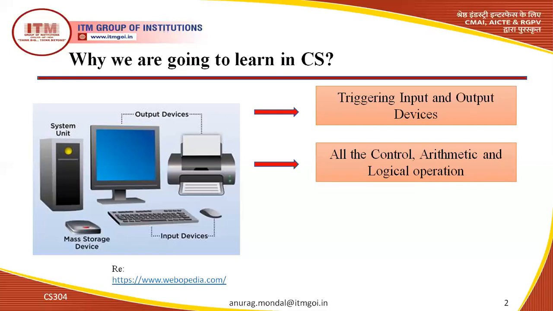All the control, arithmetic, and logical operations within the system are done with digital signals, in terms of 1 and 0. Whatever arithmetic operation is done within the controlling unit or system unit, that is addition, subtraction, multiplication in terms of addition, or division in terms of addition, all kinds of arithmetic operation, is done with the help of digital electronic concepts, not with the help of programming.